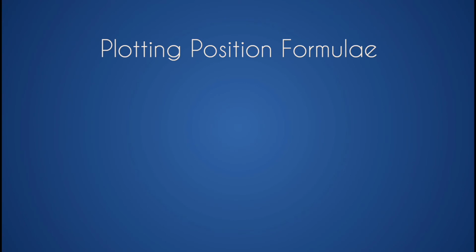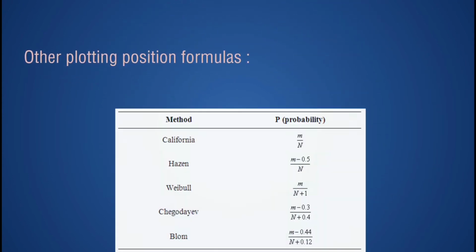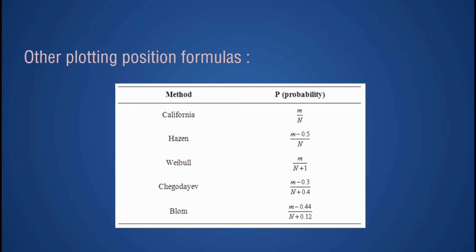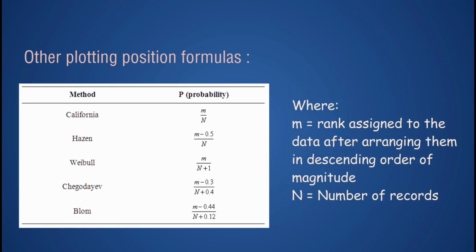Plotting position. There are two methods for performing frequency analysis: the empirical method and the frequency factor method. Some of the empirical methods are the California method, Hazen method, Weibull method, Chegodayev method, and Blom method. m is the rank assigned to the data after arranging them in descending order of magnitude.